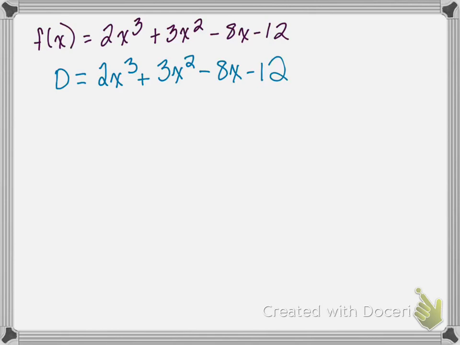What is this technique called that we're using to factor here? Good. You look at the first two and then you look at the last two. That's factor by grouping.